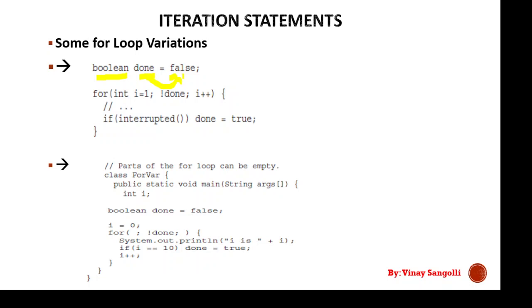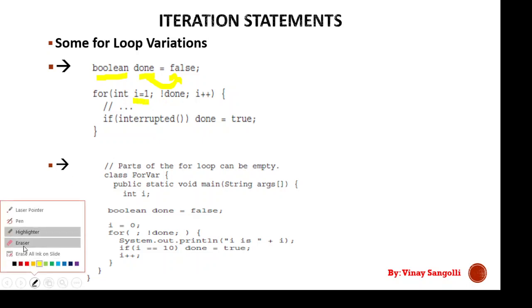This variation usually involves the conditional expression, and this expression does not need to test the loop control against some target value. Like here, inside the for loop, we have initialized i is equal to 1. Now if you observe, we have just written not of done.